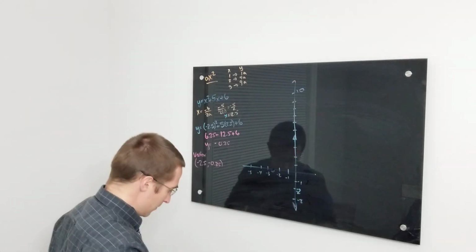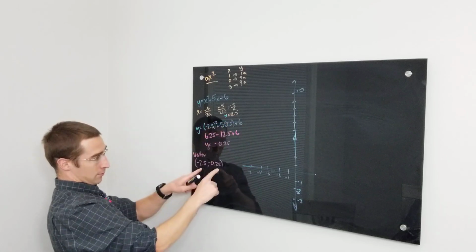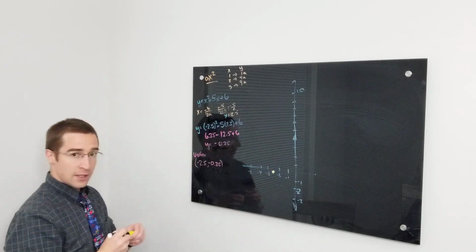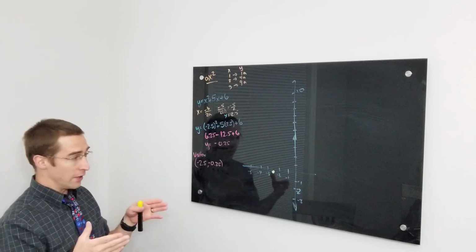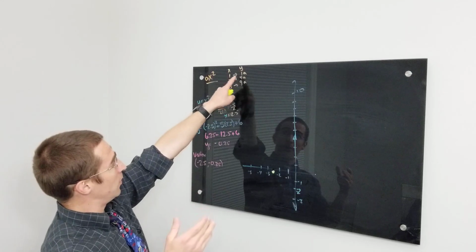Okay, so to put this on the graph, what I do is negative 2.5, negative 0.25, that's my vertex right there. And then from there, I'm just going to go right or left 1, and up 1.